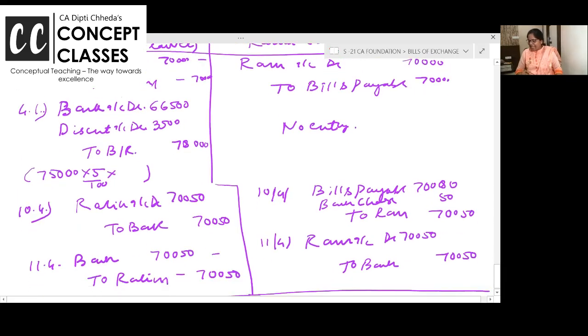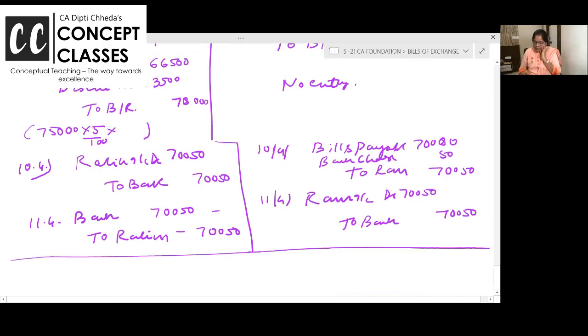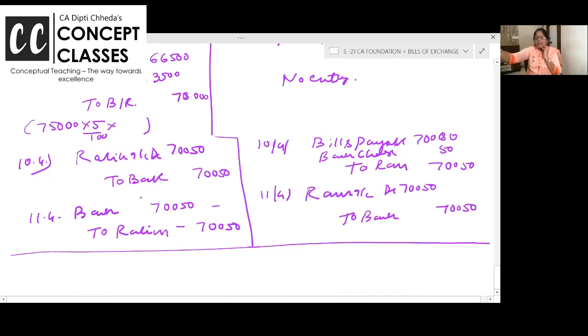Yes, I'm waiting. Is it very easy or not? Dishonor, yeah. Discount and dishonor. So I paid to bank and Rahim gave to me.